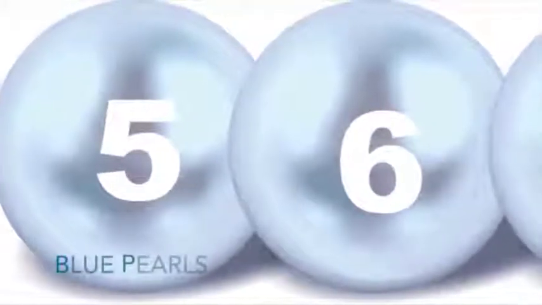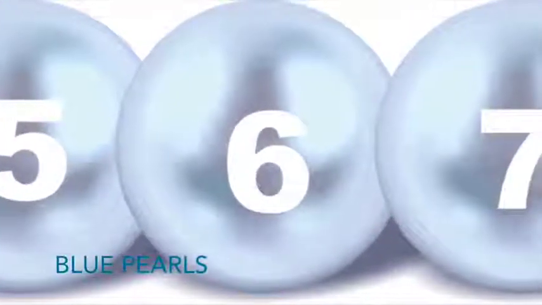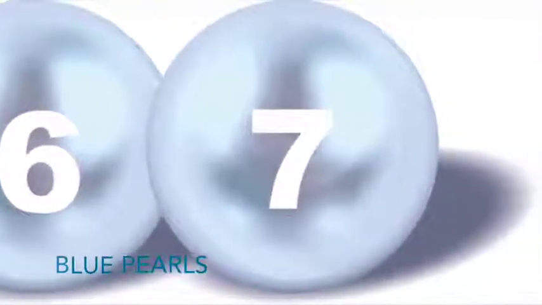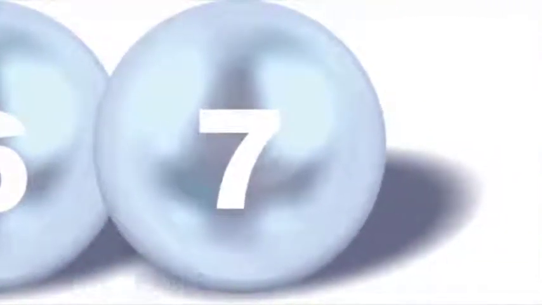The 3 blue pearls, 5, 6, and 7, all share fear as their common irritant, and these people are head-based, mind-oriented. They use thinking as their primary approach to the world.